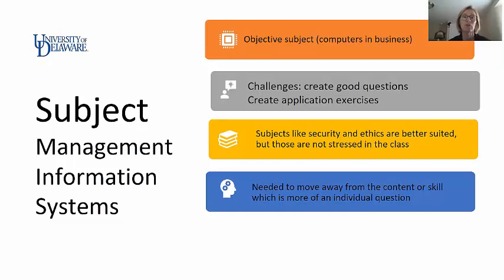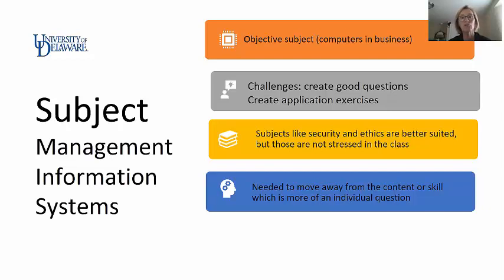I was very fortunate during my TBL workshop in Vancouver Island to have some help from the workshop leaders, and they suggested to me that I should create some questions that are a little bit ambiguous, like things about security or ethics within the computer industry, and some of the things that I didn't stress in class, like actually programming a spreadsheet, writing a program, making a database query. So the idea was that I really had to move away a little bit from all those number crunching skill exercises to something a little bit more individual.